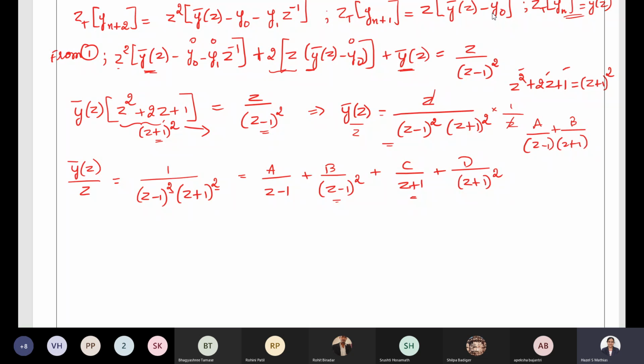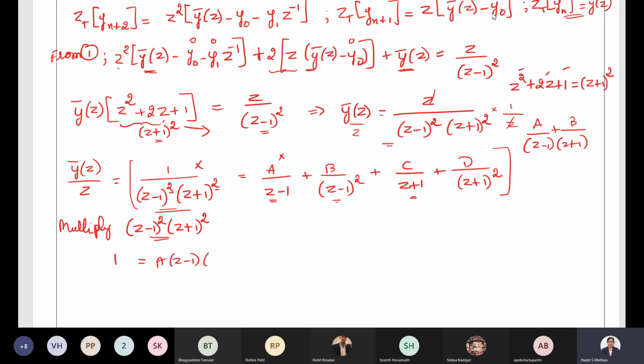What is the next step over here? We have to multiply the entire expression by this denominator. What do we do? Multiply by z minus 1 the whole square into z plus 1 the whole square to this entire expression. When you multiply, the denominator and numerator get cancelled, 1 remains. When you multiply over here, one of the z minus 1 gets cancelled.